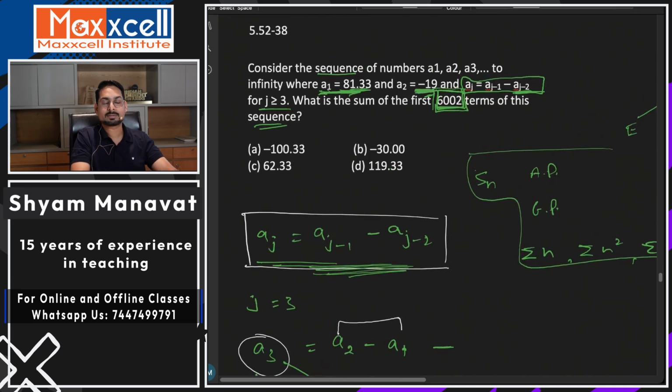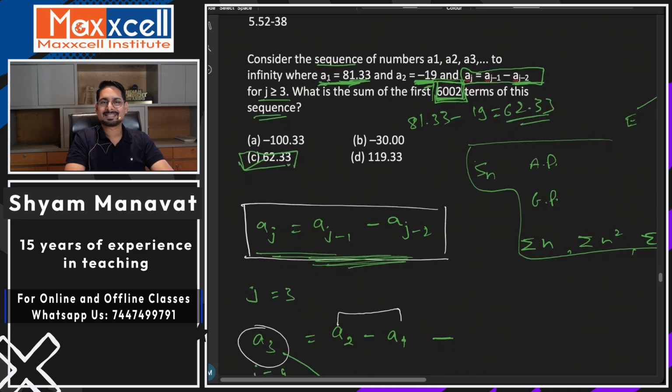What is going to be the sum of this? A1 plus A2. Because 19 has a negative sign, if you subtract 81.33 minus 19, that is going to get you 62.33. Yes, that is your answer. Understood that? Yeah?